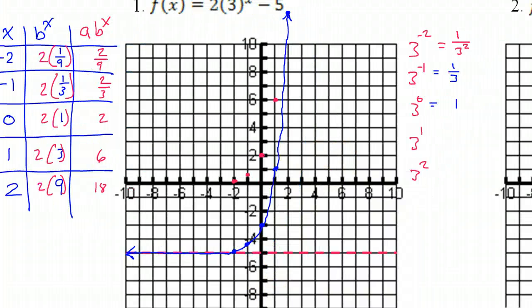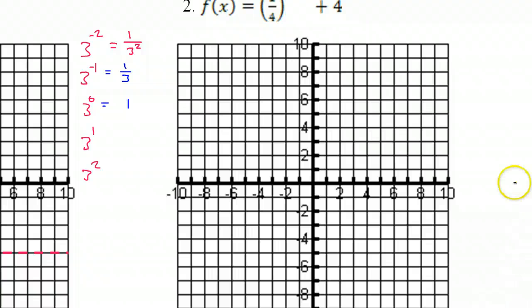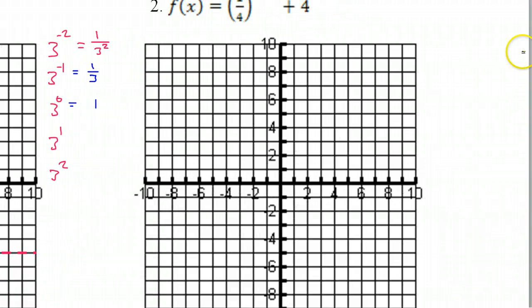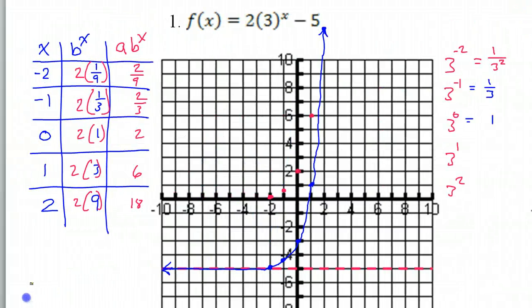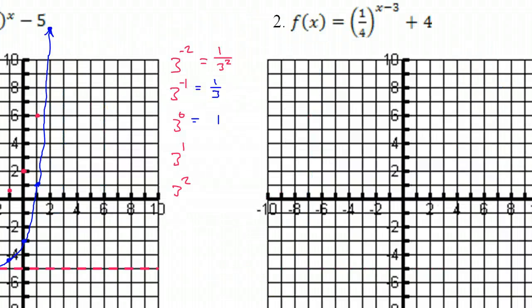So that was problem number 1. Now, like I mentioned, for problem number 2, there is no a value. I mean, a value is 1. So when that happens, we're not going to need an extra column to multiply by a. We'll just have the first two columns, and we'll graph the parent function.